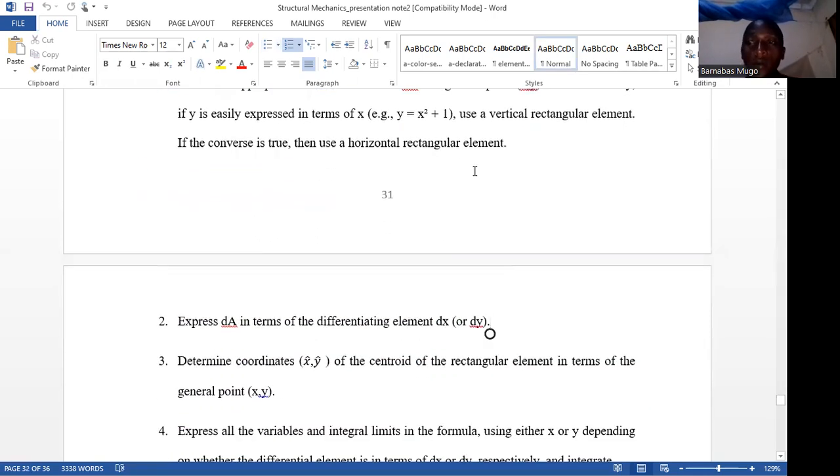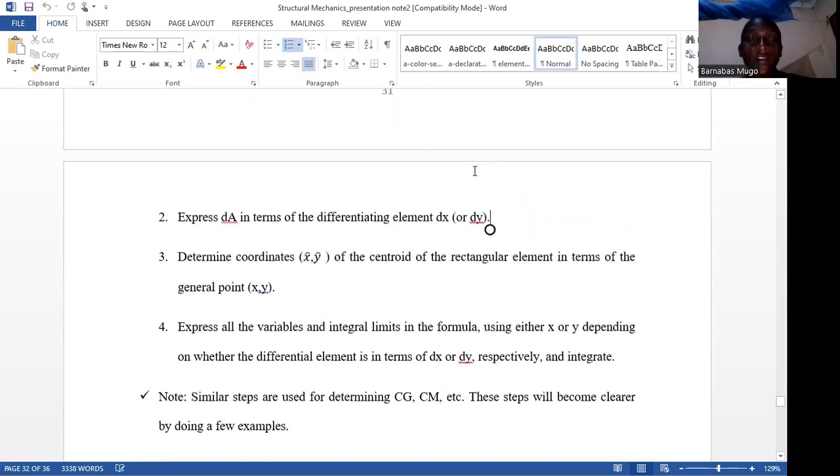We are going to see, or you're going to do with your lecturer during your face-to-face class. Then express dA in terms of the differential elements, dx and dy. Then from there, you need to determine the coordinates, that is x bar and y bar, of the centroid of the rectangular element in terms of the general points, which is x and y. Then you need to express all the variables and integral limits in the formula using either x or y, depending on whether the differential element is in terms of dx or dy respectively, and then you integrate.